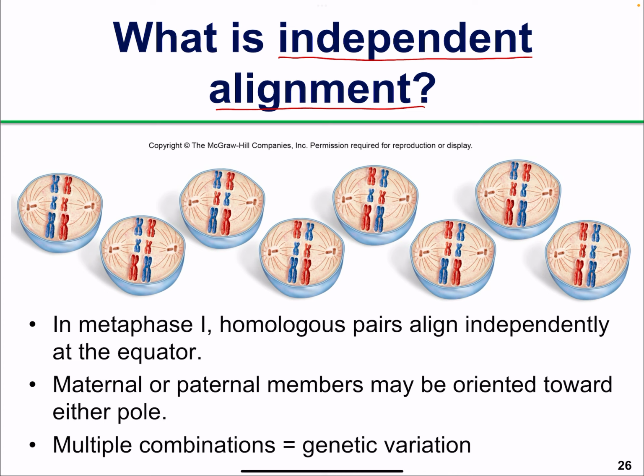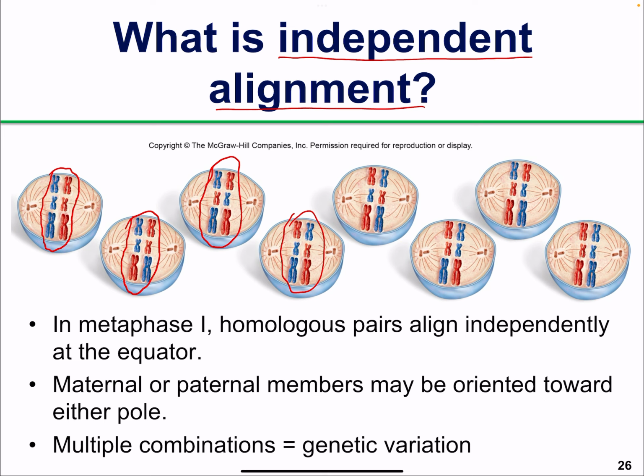So the way these chromosomes are going to align on the equator line is not the same way these chromosomes are going to align on the equator line, which is different from how these chromosomes are going to align on the equator line, and different from this one. So now imagine again that we have 23 pairs of chromosomes. The possibilities of alignment during metaphase are just humongous.